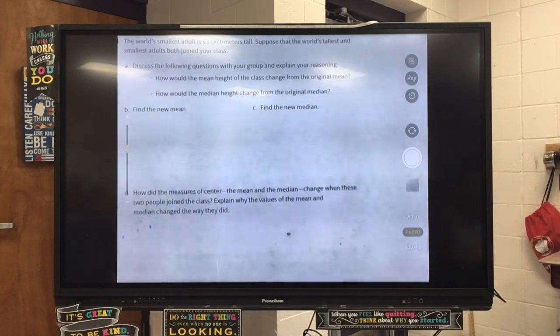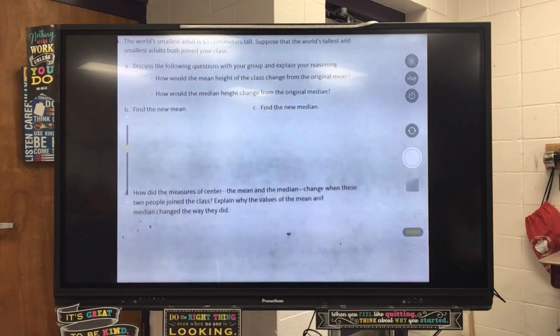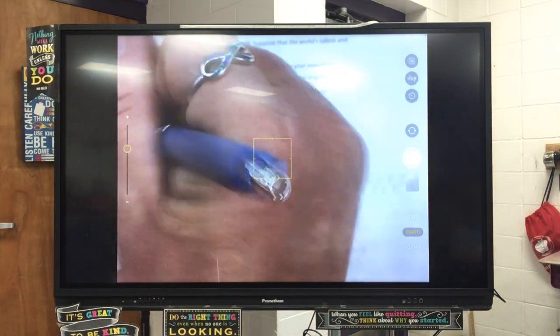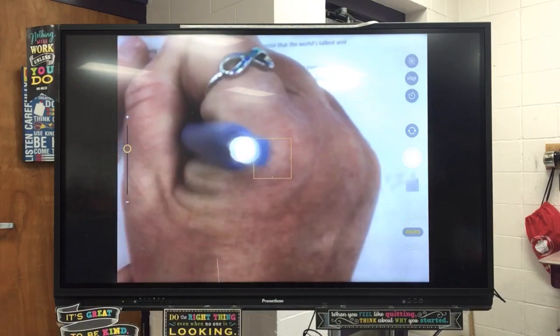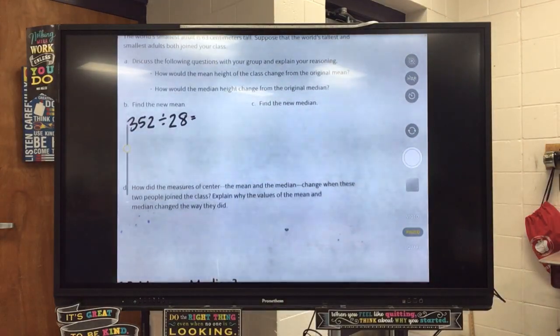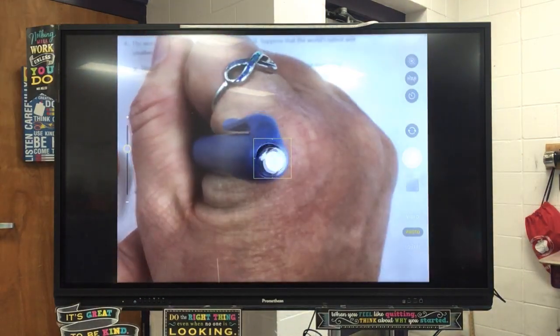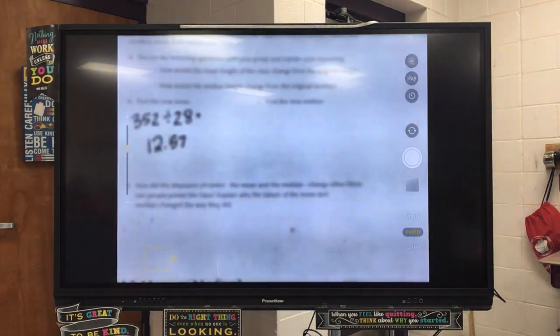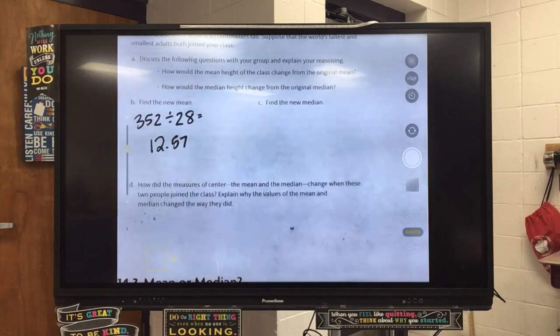The new mean: make sure that you included the 26 and the 2. So you should have ended up with 352 divided by 28. Is that what you guys did? And then you ended up with 12 and 57 hundredths and some change. A couple more decimals, but that's what you should have ended up with.